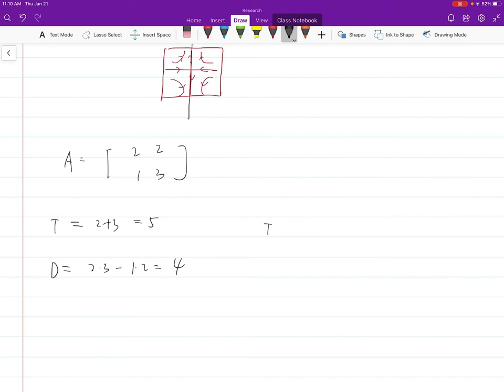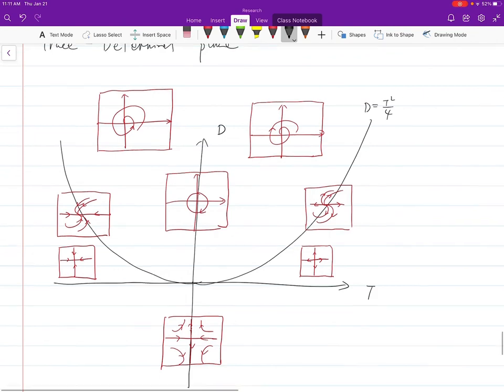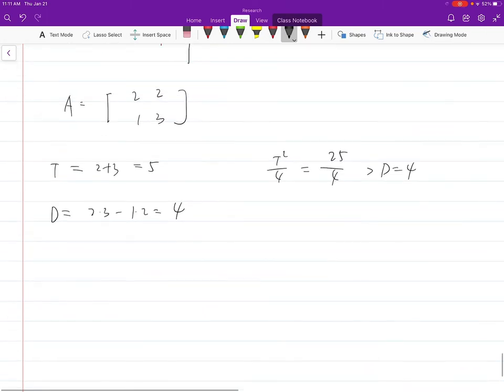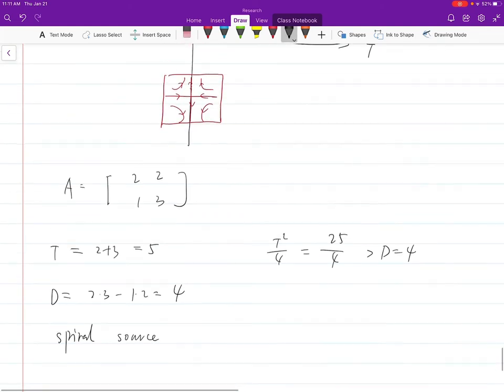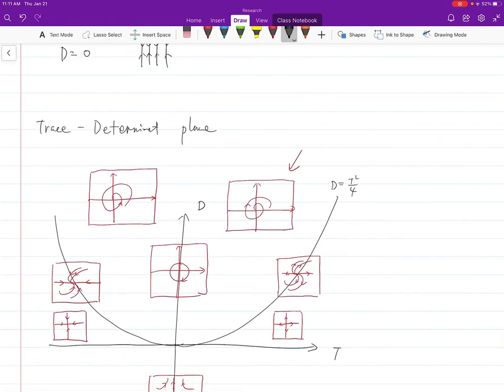And you look at T squared over 4, which is 25 over 4. It's bigger than D equals 4. So you know it's above this parabola, plus T is positive, therefore it's going to be a spiral source. Done.